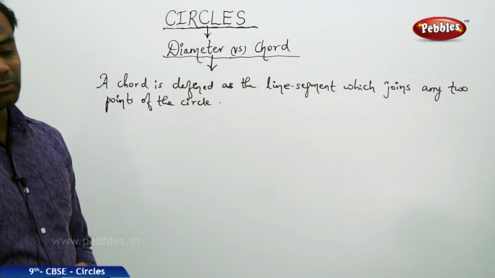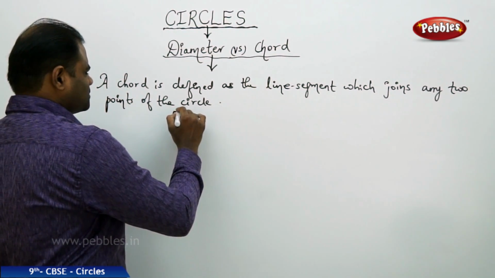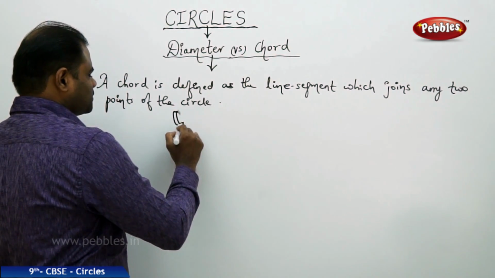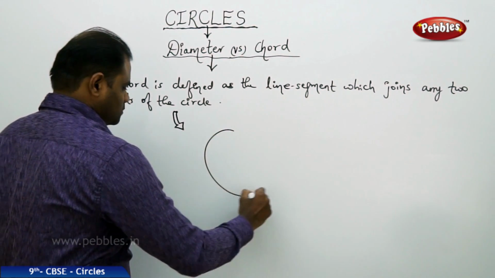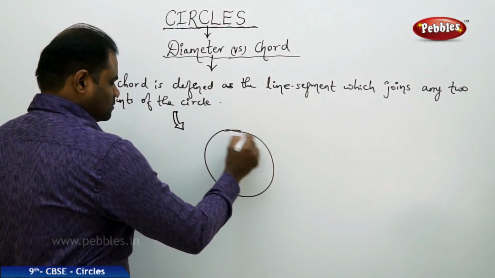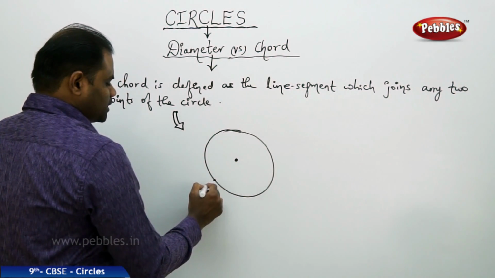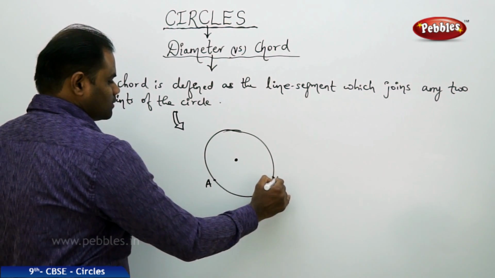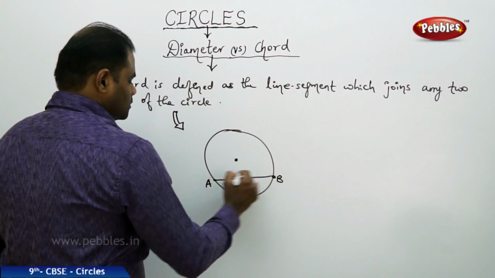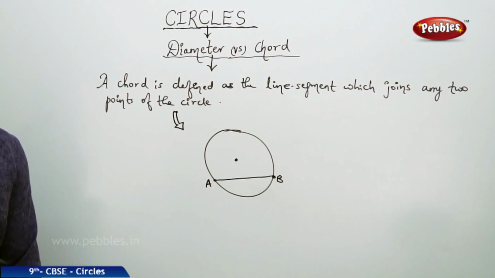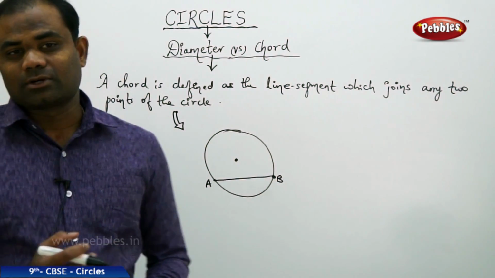Is how we understood the chord. That is, when I understand this through the diagram, I have this to be a chord. Suppose I take the points A and B. This is a chord. The line joining any 2 points of the circle is a chord.